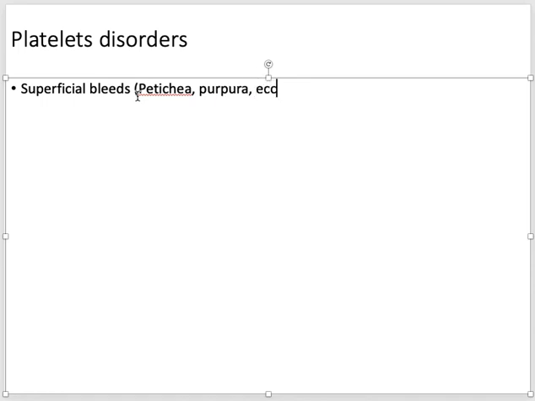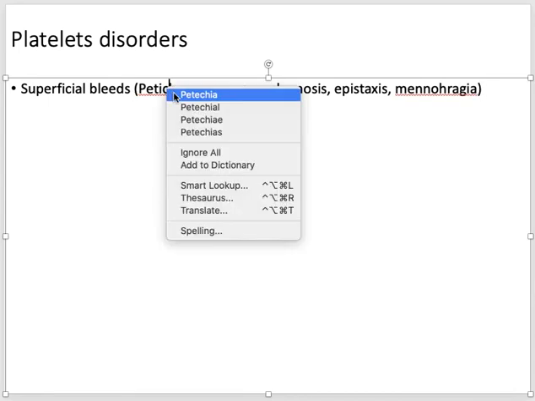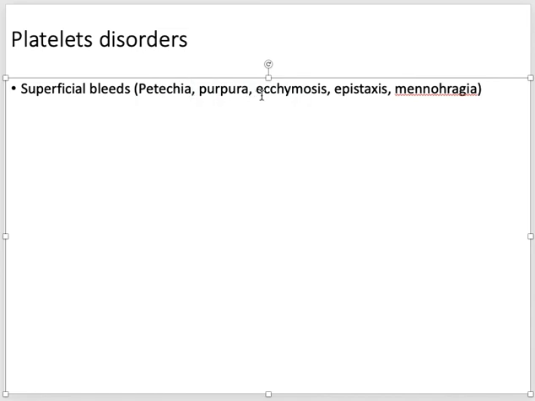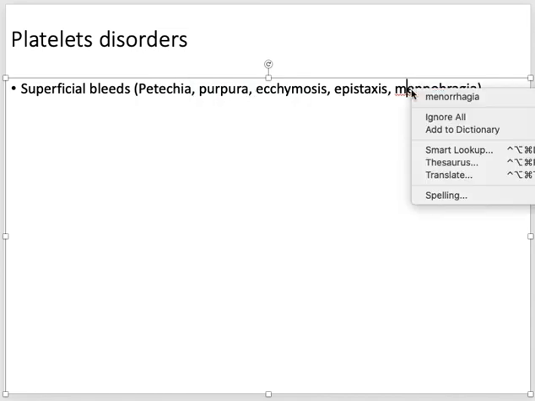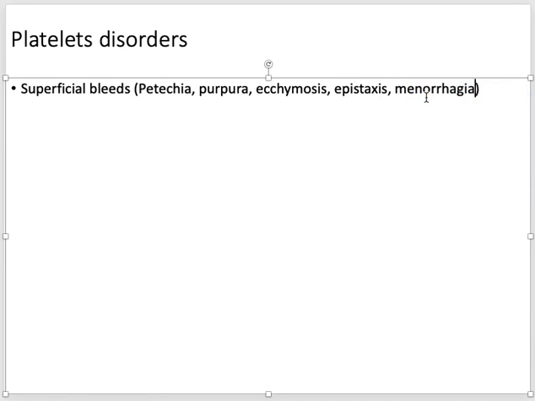Ecchymosis, or for example epistaxis, the bleeding from the nose, or in females for example menorrhagia, increased bleeding during menstruation. So petechiae, purpura, ecchymosis, epistaxis, menorrhagia, all these things are superficial bleeds, from the nose or on the skin. For example, I will show you over here how petechiae look.